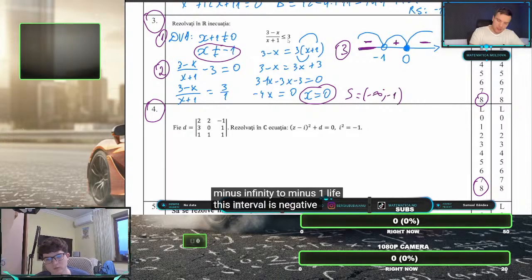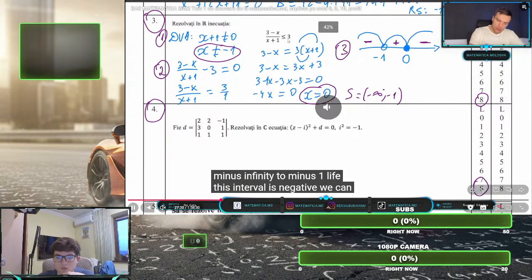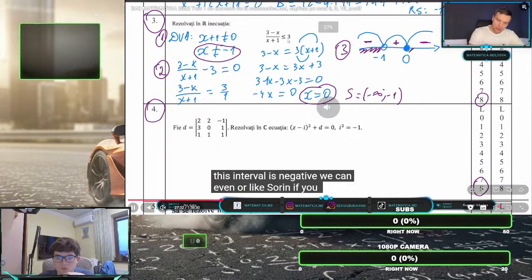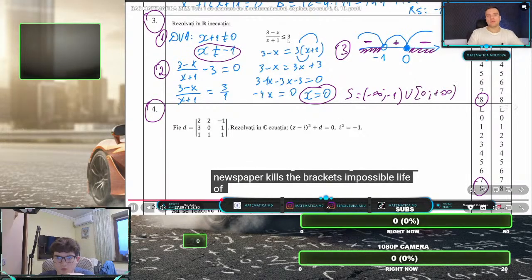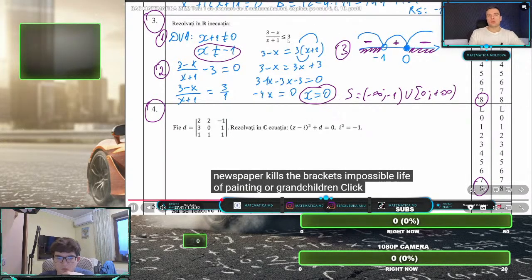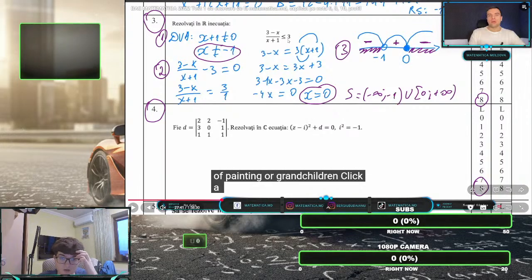I don't know why only this interval. Oh yeah, in this interval, because we're both negative, so now it makes sense. So it says smaller or equal to 3, so we only got these 2 negative intervals that work.